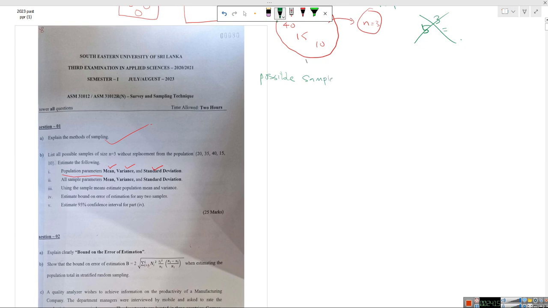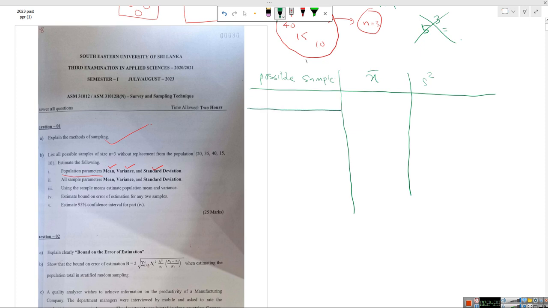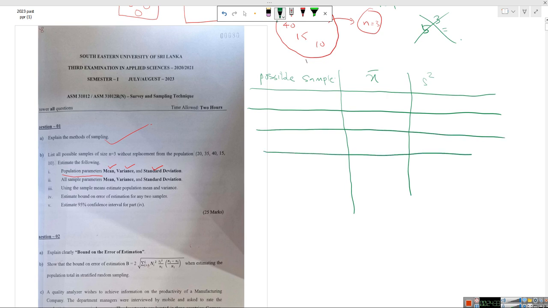We have 10 possible samples, and for them we have to calculate x bar, s squared, and variance also, right? So now let me create 10 rows so that I can write them down.